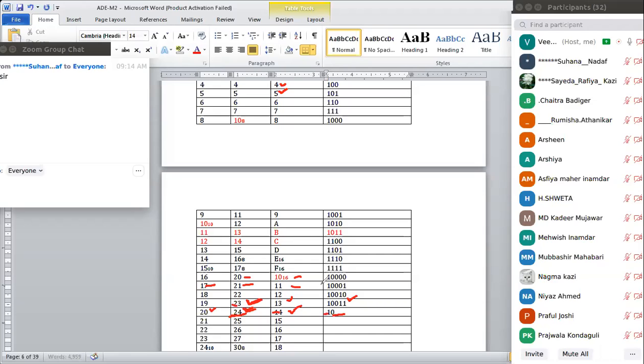Then 1, 0, 0, sorry, 1, 0, 0, 1, 0, 1, 0, 1, 5. This is the same as where I have got the numbers here. 100 is 4, so that is 4, this is 5, but these numbers are going to be changed. MSB. Okay.